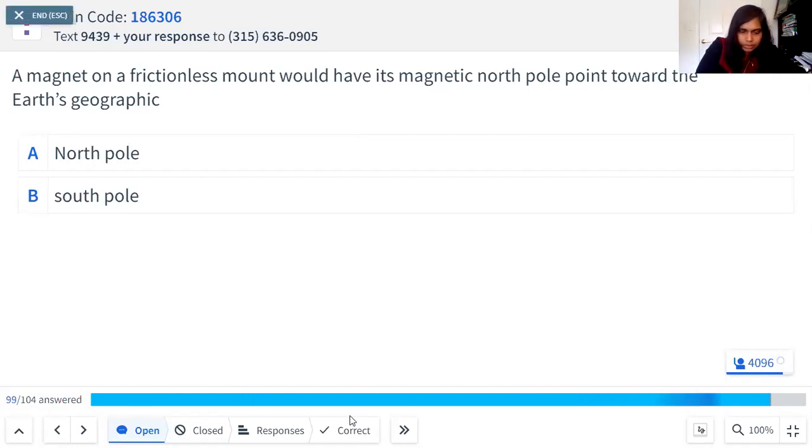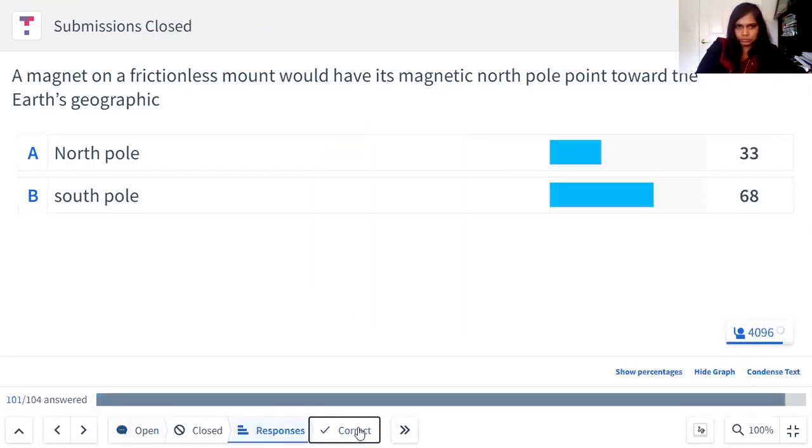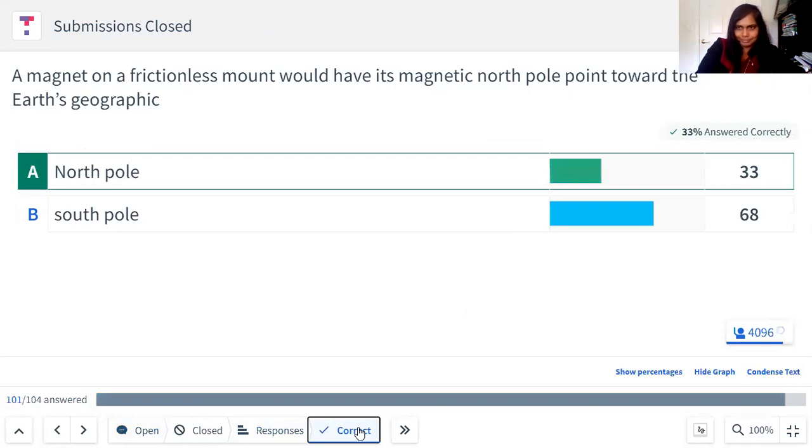Okay, let's look at your answers. All right, so we are confused here. A magnet on a frictionless mount would have its magnetic north pole point toward the geographical... The magnetic north pole points toward the Earth's magnetic south pole, but the magnetic south pole is the geographical north pole of Earth.